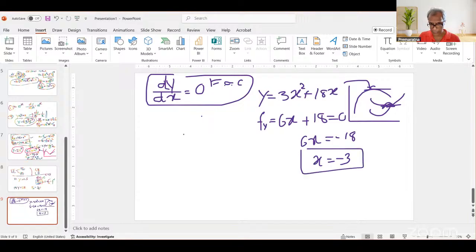If you put it into a graph like that, x at minus 3, this point, still we don't know whether y gives the minimum or maximum point, the optimal point. Still we don't know whether we get the minimum point or maximum point.